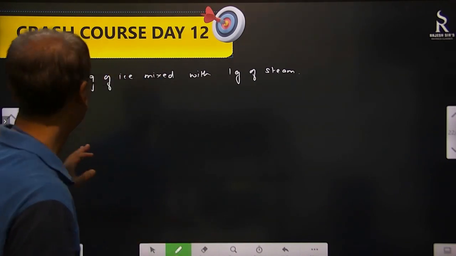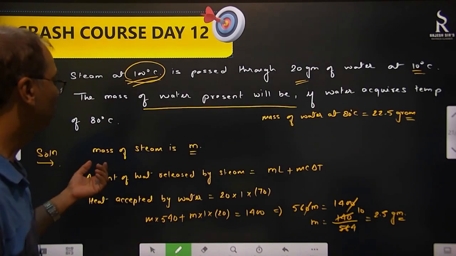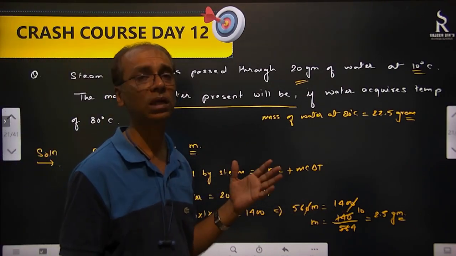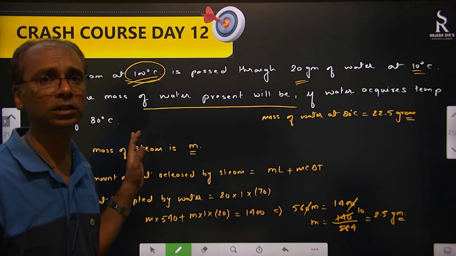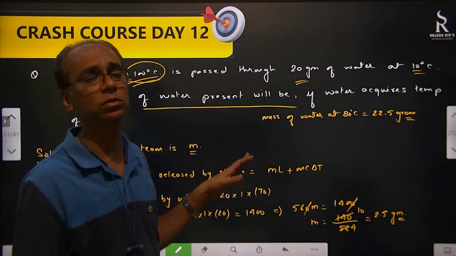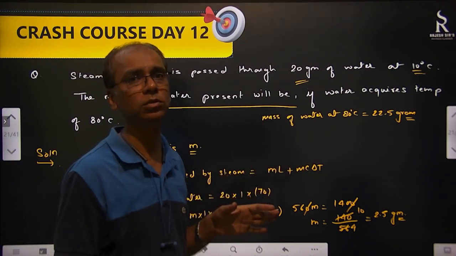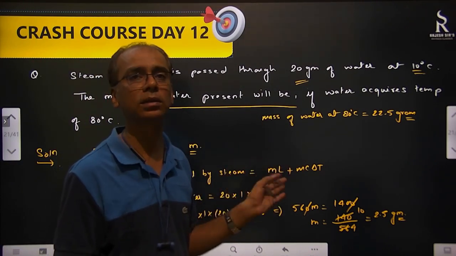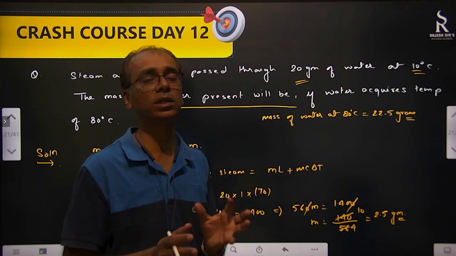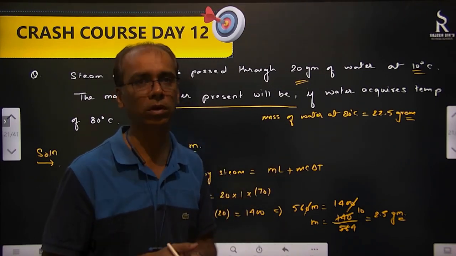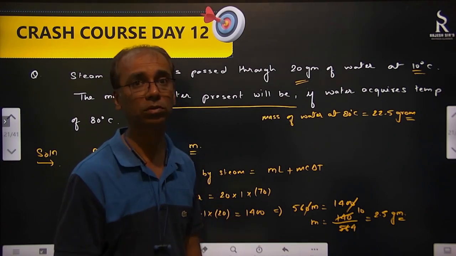In the previous question what we did? We first saw how much is the amount of heat required. And then we said that the amount possessed by steam is less, so it entirely converts into water at 100 and then further temperature is going to become less, it comes to 80. So like this you have to see how much is heat requirement and how much is heat available. Accordingly we have to solve. Then only can you do mixtures questions.